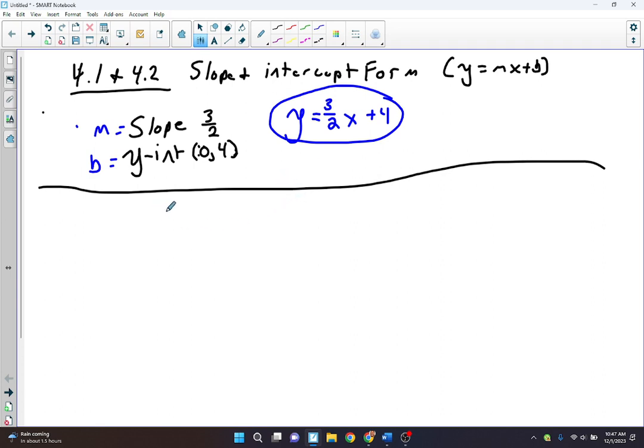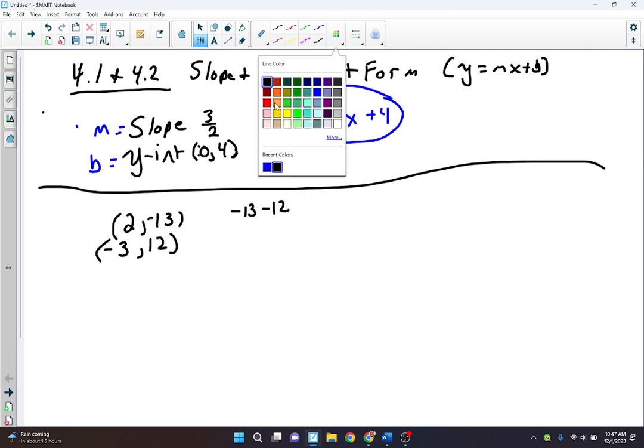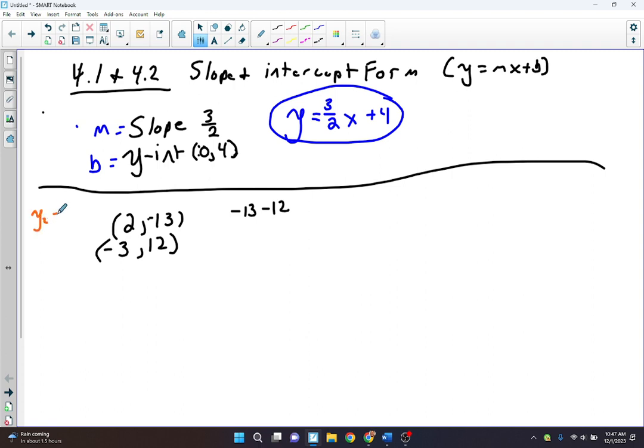That's the freebie. If you don't get that right, you have a lot of trouble with the rest of the test. Second one is I'll give you either a graph or 2 points. They're technically the same way you do it. Let's say you got (2, -13) and (-3, 12). In this situation, you need to find the slope first. You have to use the formula y2 minus y1 over x2 minus x1.